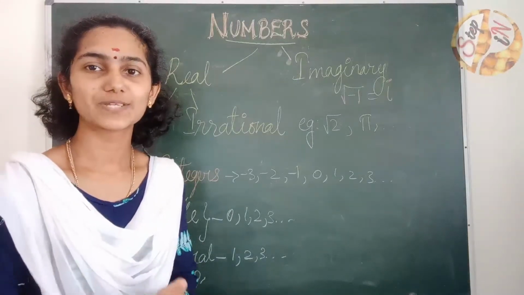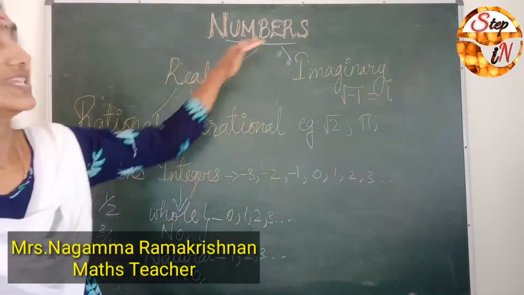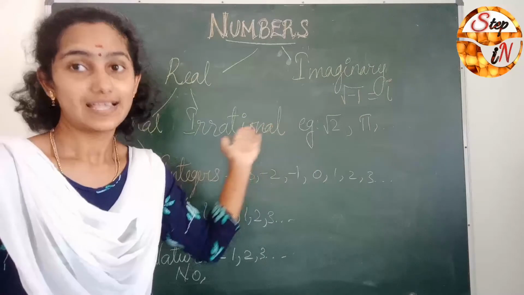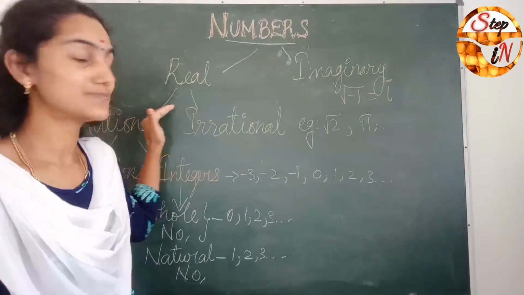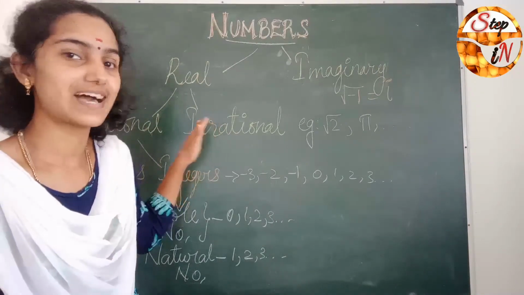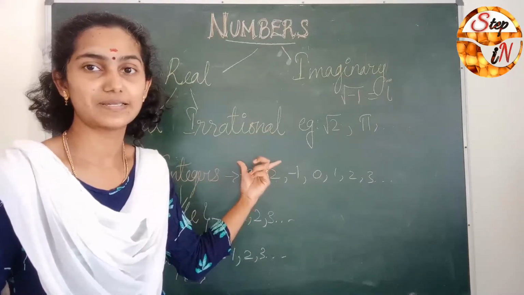So now we can go for the types of numbers as a whole. Numbers are classified into real and imaginary, which we have seen before. Real numbers are rational numbers and irrational numbers together.